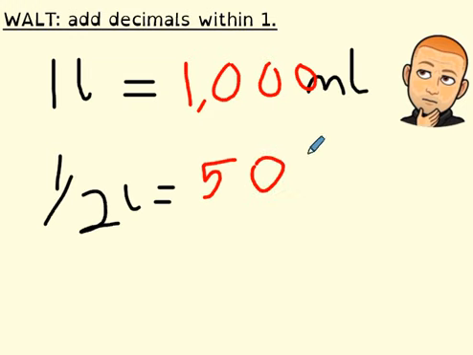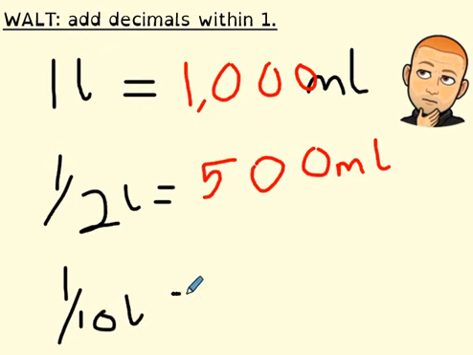What about 1/10 of a litre? I'm dividing that top number by 10. 1/10 of a litre. Dividing it by 10, you're moving your digits one place to the right. How many millilitres are in 1/10 of a litre? 100 millilitres are in 1/10 of a litre.